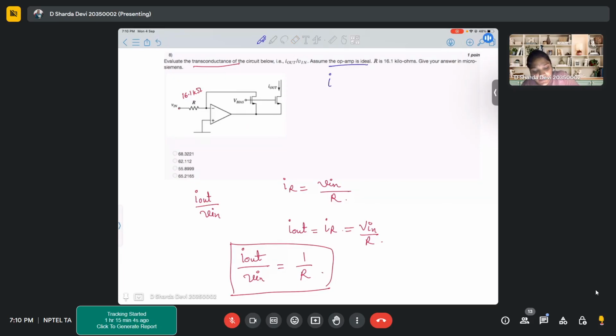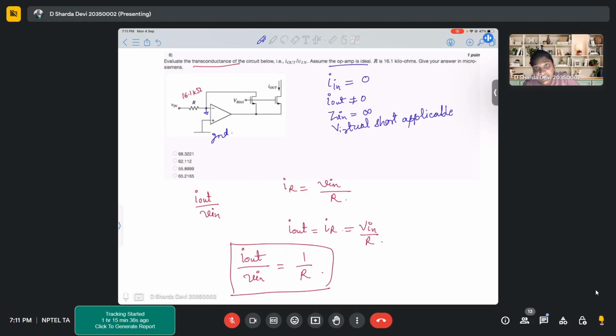Ideal op amp means IN is 0, I out is not equal to 0, Zin is infinite, and it will follow the virtual short concept. So with the virtual short method, this is ground, so I can put a ground over here as well.